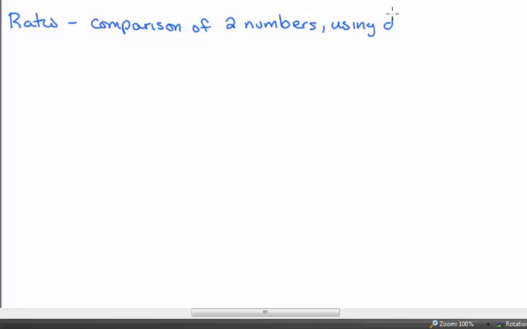Alright, so let's start with the definition of a ratio. A ratio is a comparison of two numbers, and that's using division. Okay, ratios can be written in three ways.